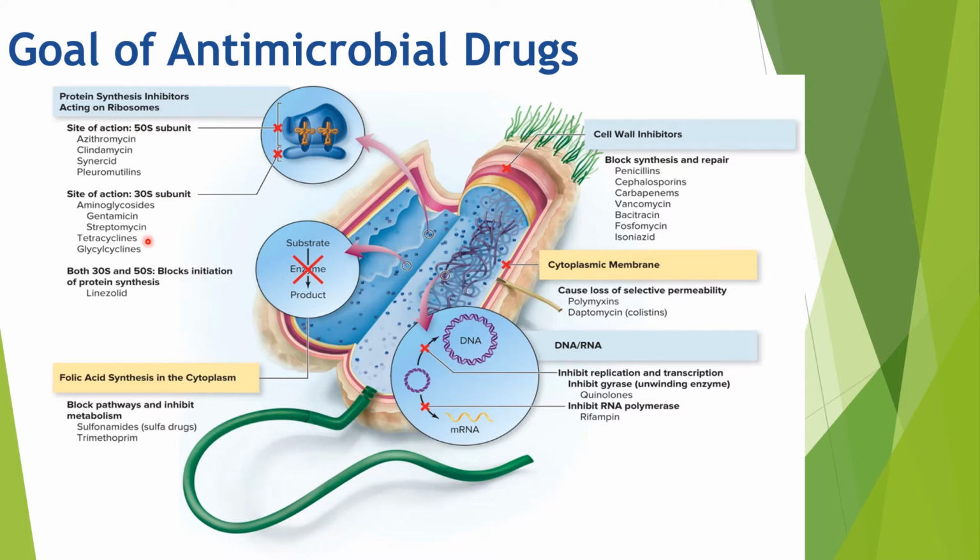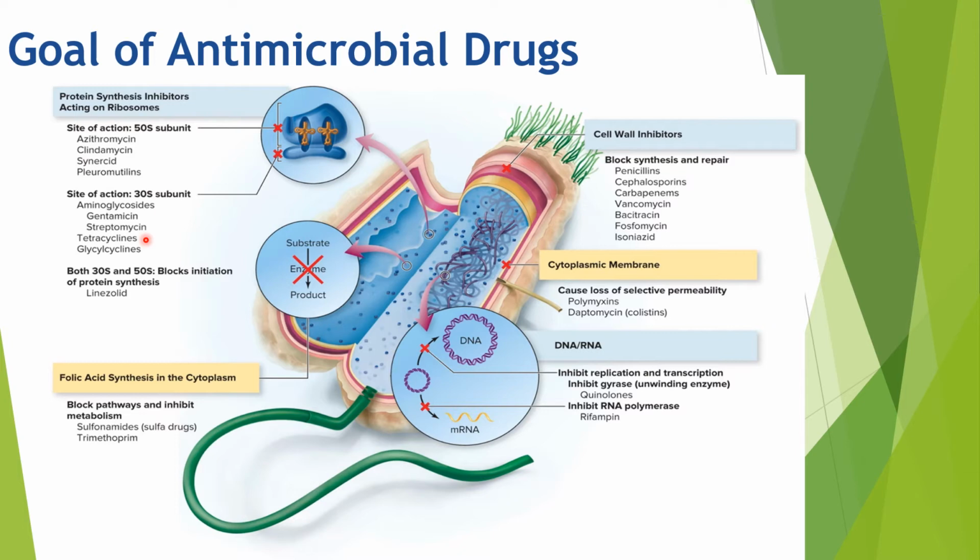By targeting that part of the ribosome, what is the big picture? It's going to affect protein synthesis. It's going to inhibit protein synthesis production by acting on the 30S subunit of the ribosome. And tetracycline is a broad spectrum antibiotic because it's going to be effective against both gram-positive and gram-negative bacteria. So tetracycline is one of them.